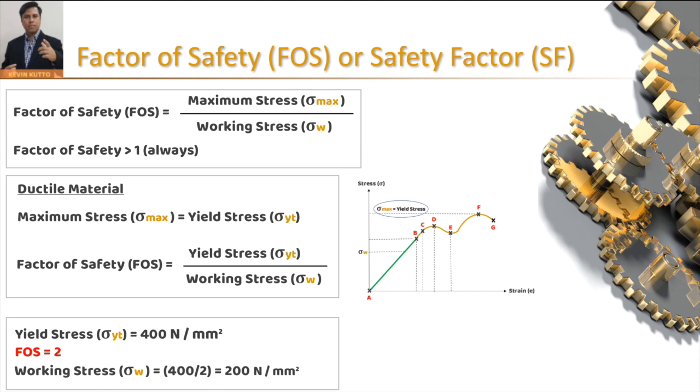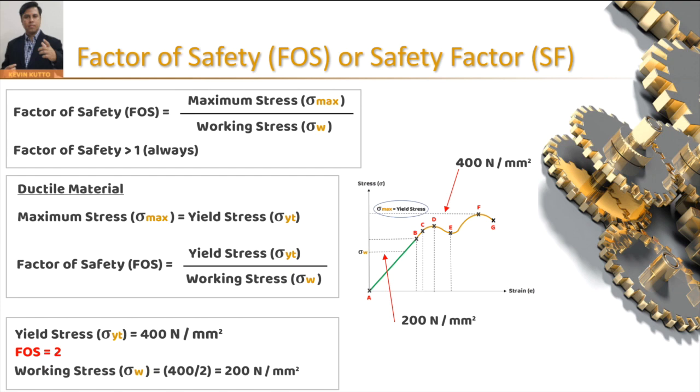Factor of safety is 2, and working stress will be calculated as 400 divided by 2, so we get 200. If we put it in graphical presentation, your maximum stress was 400 Newton per mm square and your working stress you get is 200 Newton per mm square when our factor of safety was 2. So factor of safety literally divides your working stress and maximum stress.